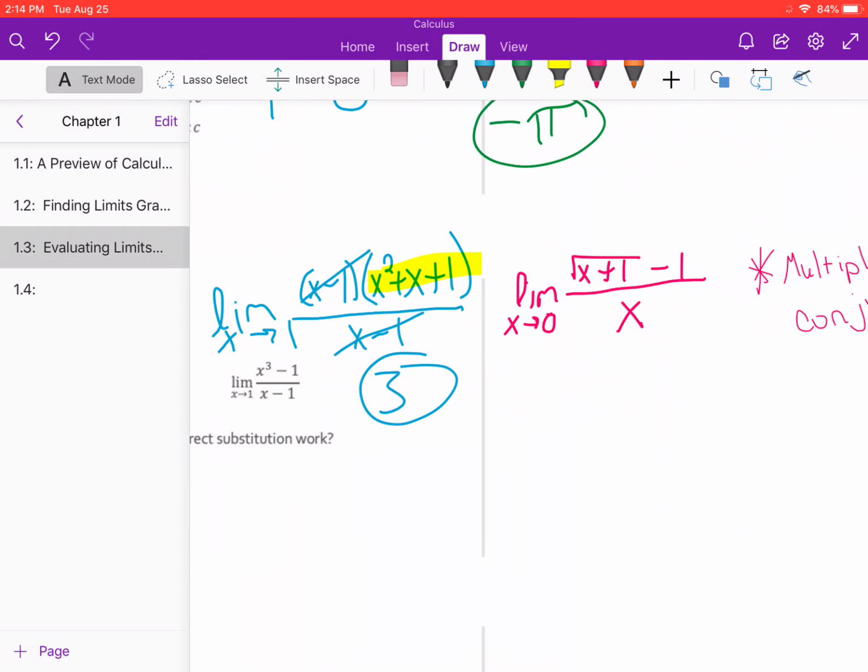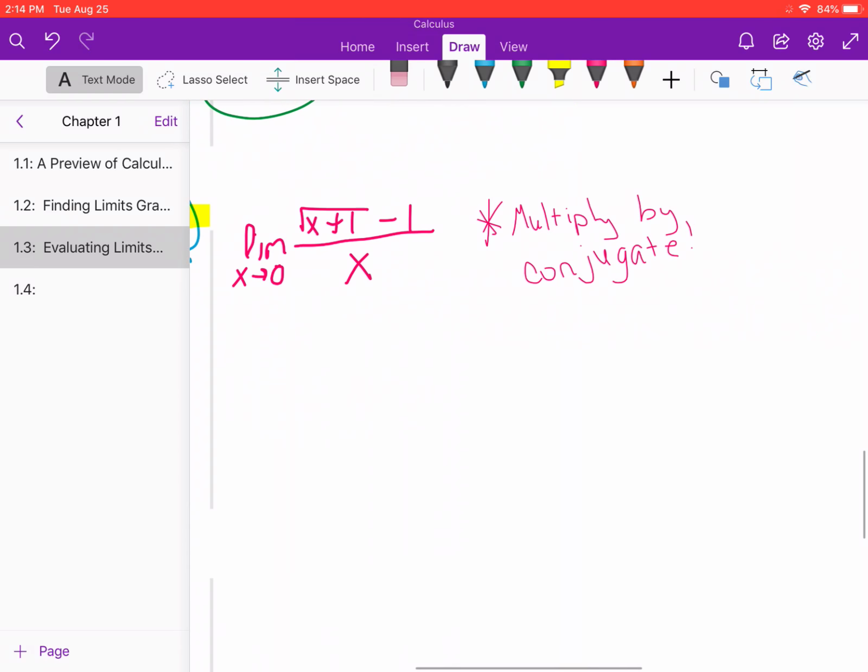You may also get something that looks like this. So the limit as x approaches 0 of the square root of x plus 1 minus 1 all over x. Notice that factoring isn't going to work here. If factoring doesn't work and you have this radical in either the top or the bottom, you need to multiply both the top and the bottom by the conjugate.